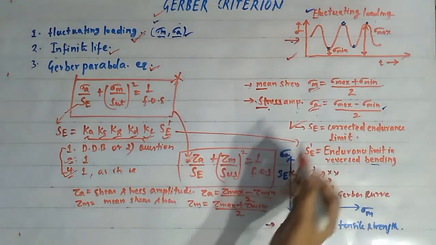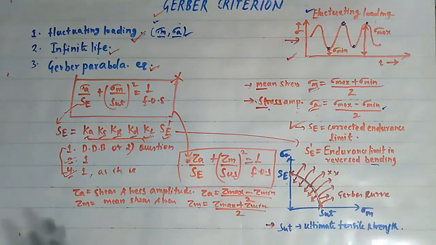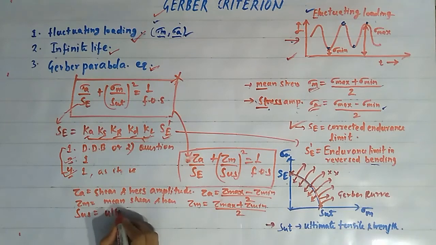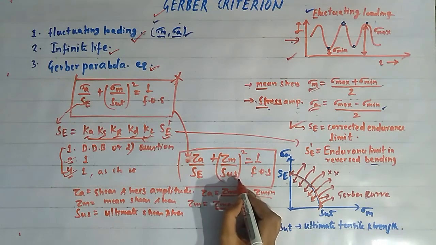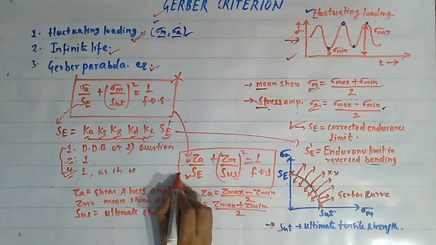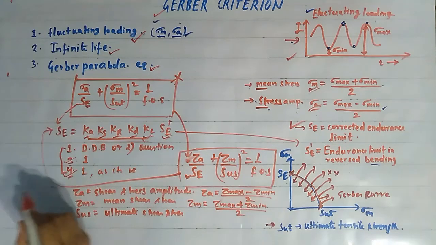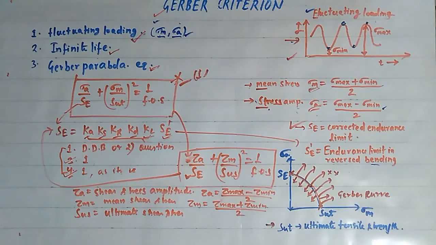That is in the similar fashion that we found sigma m and sigma a. Now friends, the next thing here is Sus, that is the ultimate shear strength. Here Sus denotes the ultimate shear strength, and Se, the corrected endurance limit, can be found in the similar way that we found in case number 1. I have already explained that to you.